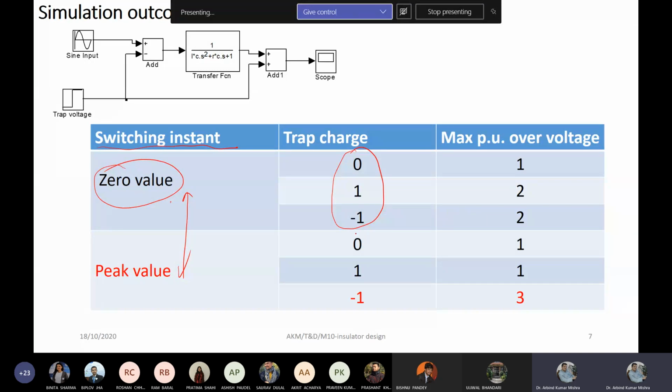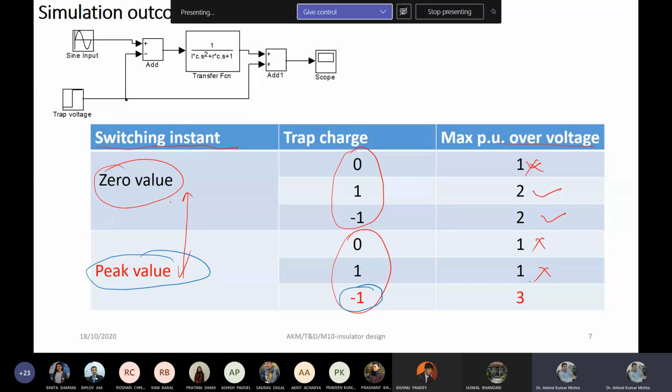In those conditions we have seen that, irrespective of the line parameters and depending only on the operating conditions, the maximum per unit voltage changes. Sometimes there is no overvoltage, for these combinations. But the worst condition, marked here in red, is when the switching is at the peak value and the trapped charge is the negative of the peak value of the sine wave.